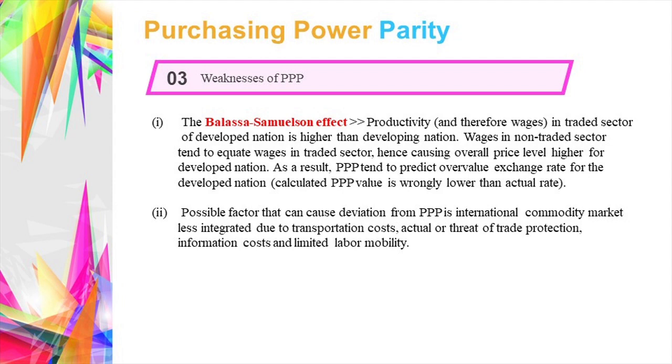The calculated PPP value is wrongly lower than the actual rate. Secondly, a possible factor that can cause deviation from PPP is that the international commodity market is less integrated due to transportation costs, actual or threat of trade protection, information costs, and limited labor mobility.